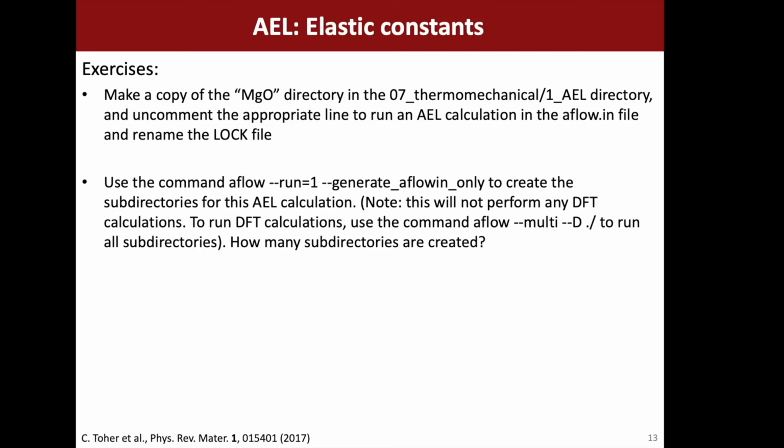If you try to generate all these subdirectories, once you run AFLOW and it's looking inside an aflow.in, one of the first things it's going to do is try to find the POTCAR files, the pseudo-potential files that are specified in the aflow.in file. So it's going to search through a set of default directories.